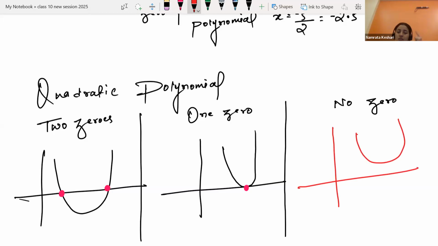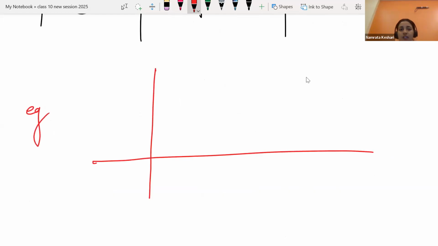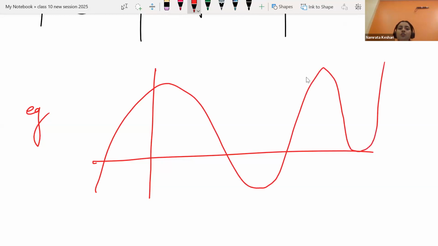From now onward, register it in your mind that zero means wherever the graph is intersecting the x-axis. For example, if I draw a random graph, not of a linear or quadratic polynomial, like this, and ask you how many zeros there are, you will pause and see all the points where the graph intersects the x-axis.